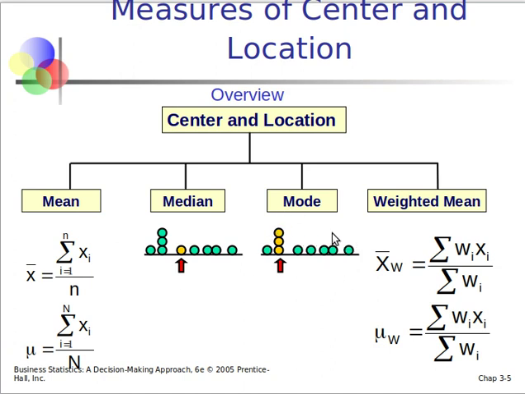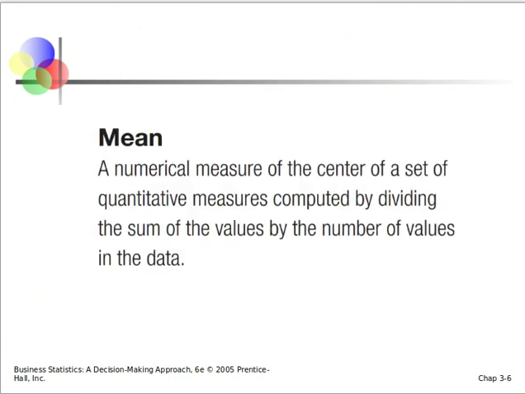For mode, it could be to the left because it has more on this side, and the weighted mean is something like the arithmetic mean, only that there's a weight for each of the variables that you need to compute. Now let's talk more about each of these concepts.